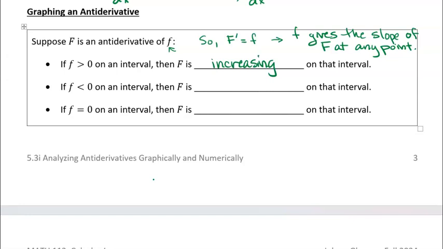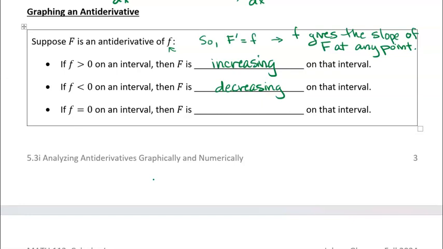Now, if lowercase f is negative, this is basically f prime, that means that capital F, the antiderivative, is decreasing on that interval.